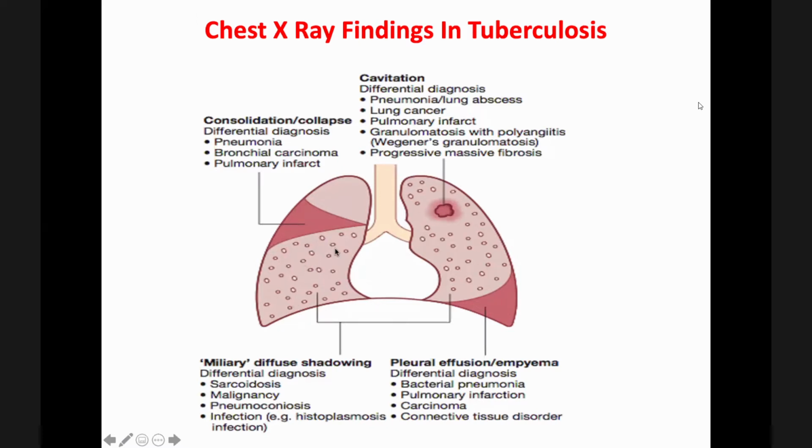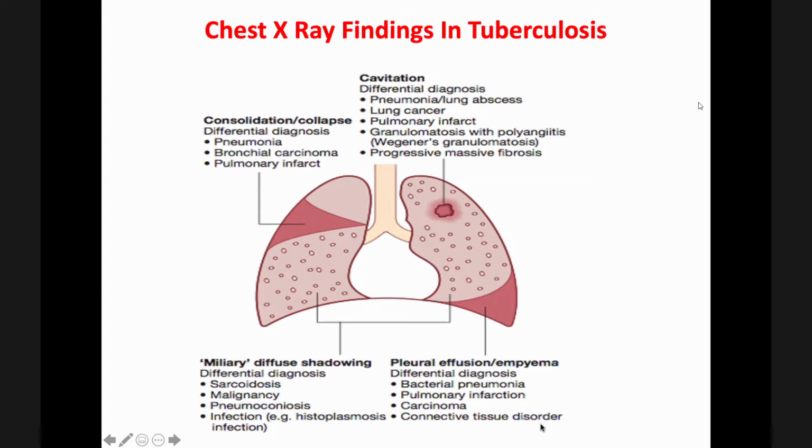You can also see miliary mottling, diffuse shadowing, in miliary tuberculosis, like millet-like seeds. The other differential diagnoses of miliary mottling are sarcoidosis, malignancy, pneumoconiosis, and infections like histoplasmosis. And you can also have a pleural effusion. It can be an empyema.